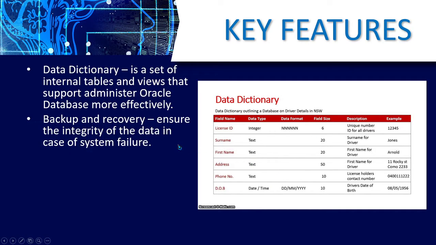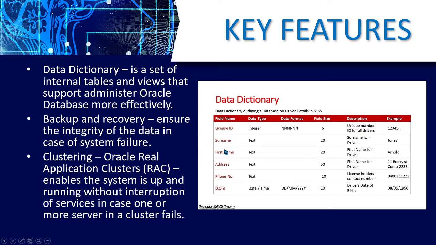Backup and recovery ensures the integrity of data, so you can recover your database in case of system failure or some crash. Clustering. This Oracle database system has Oracle Real Application Clusters, which help the system run without interruption of service and more smoothly.